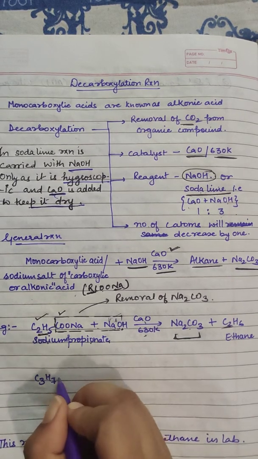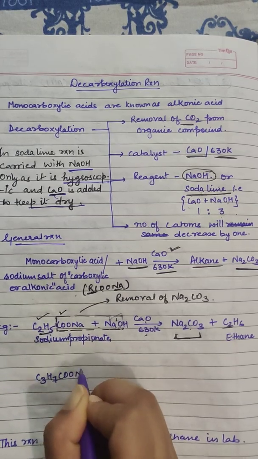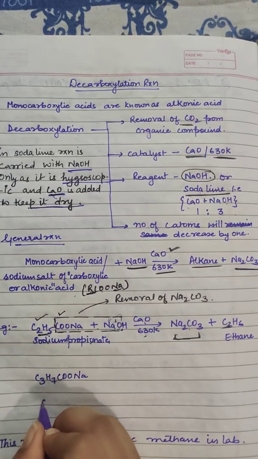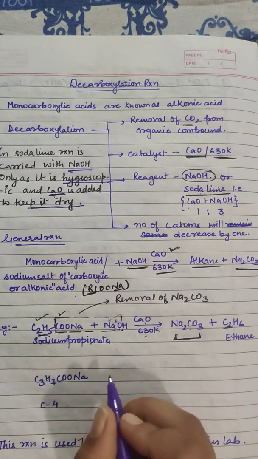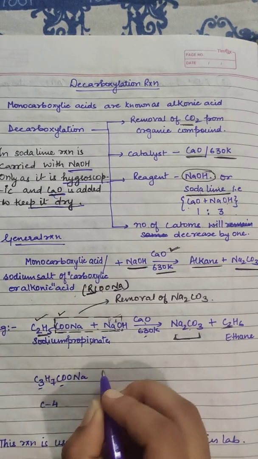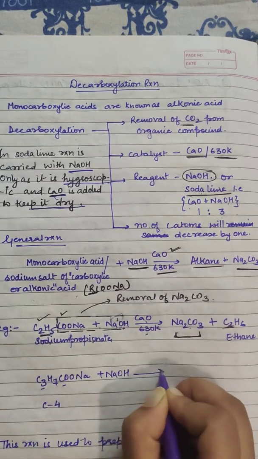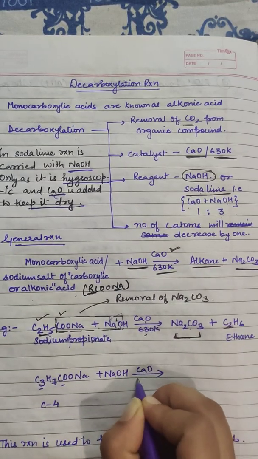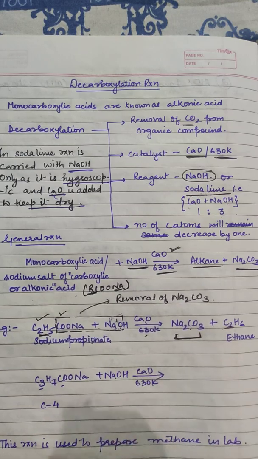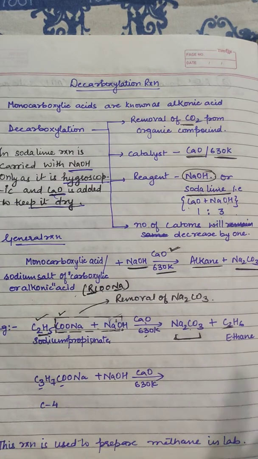Let me give you one more example. Suppose you have C3H7COONa. In total, how many carbon atoms? We have 4 carbon atoms here, 3 plus 1. I'll react it with NaOH in the presence of CaO at 630 Kelvin. Now I know the first step is to remove Na2CO3.